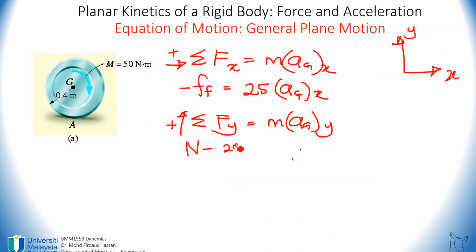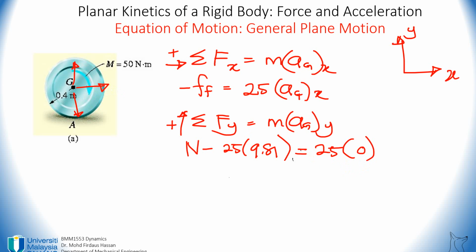And m is 25. But there is no acceleration in y. This point G doesn't move up and down, so the acceleration is 0. It has only the component of acceleration in x. So this one is 0.